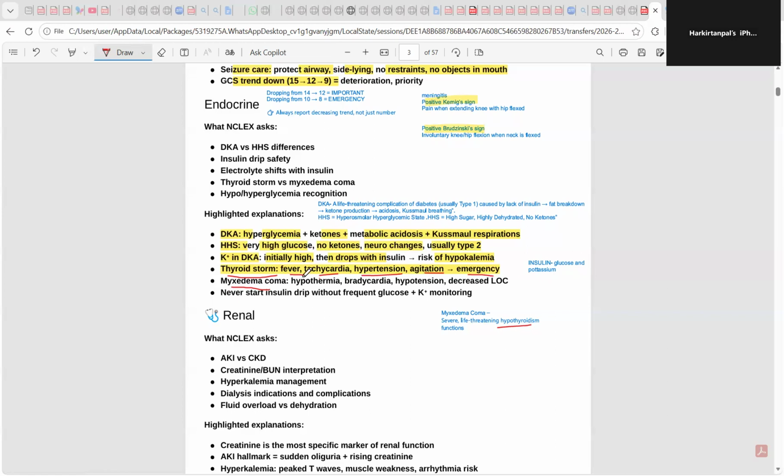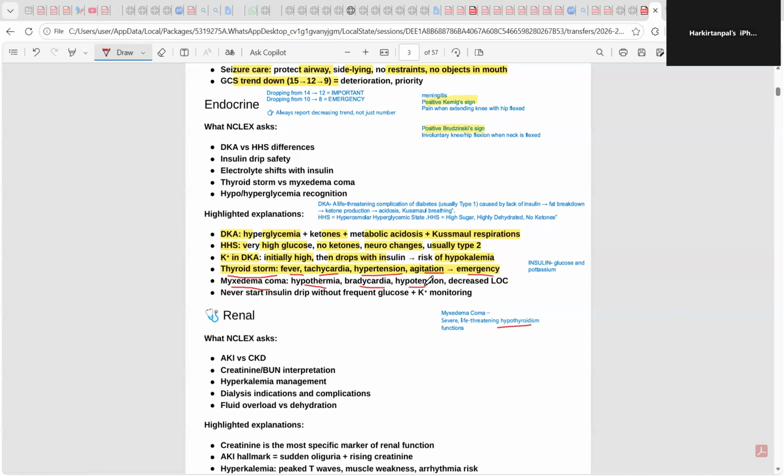But in the complication of hypothyroidism, myxedema coma, everything will be reversed. Instead of fever, there is low temperature, hypothermia. Instead of tachycardia, there is bradycardia. Instead of hypertension, there is hypotension.